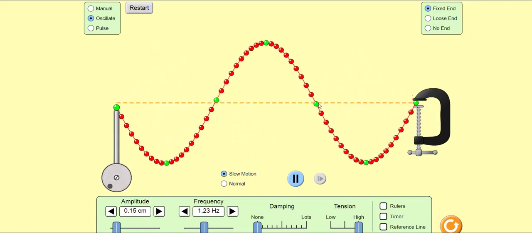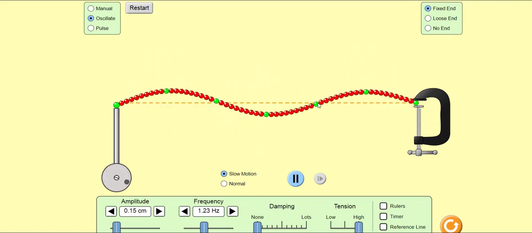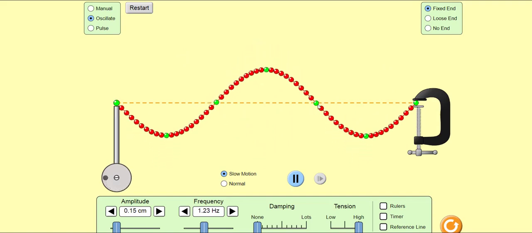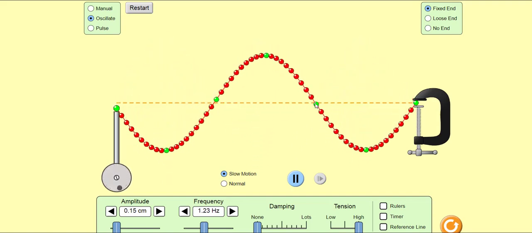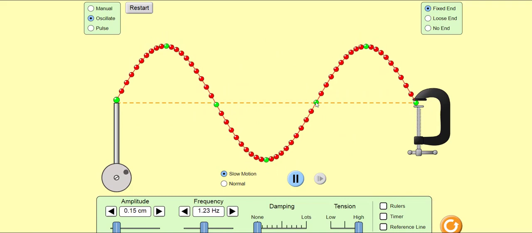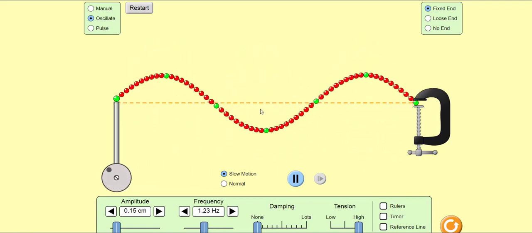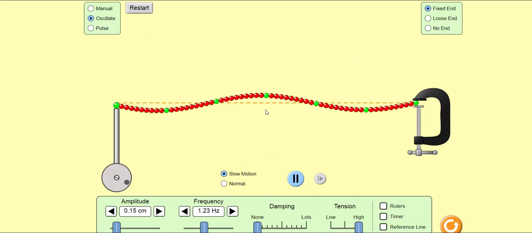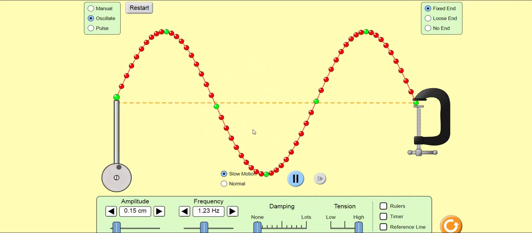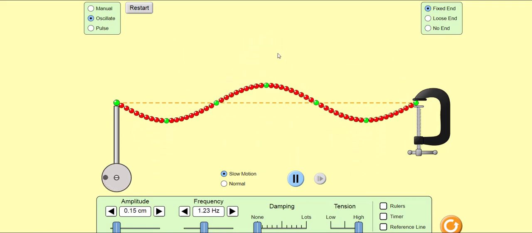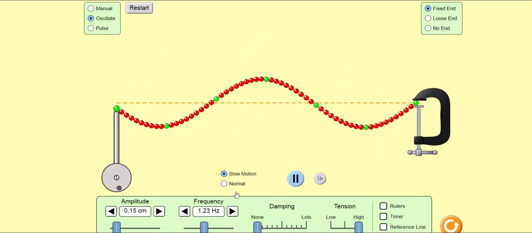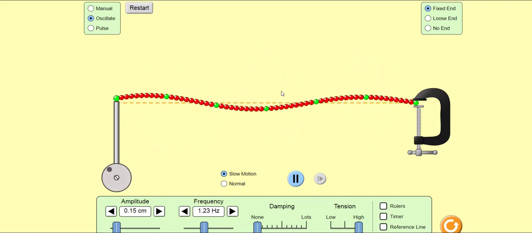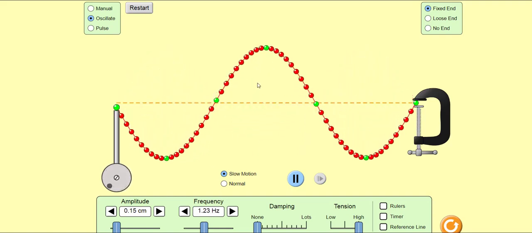So since the particles are not moving at the nodes, that means that by definition those particles have zero frequency. All the other particles, however, so for example this green particle here and any of its red particles neighboring it, again have exactly the same frequency, which in our example here is 1.23 Hertz. This is the frequency of the third harmonic that we're looking at here.